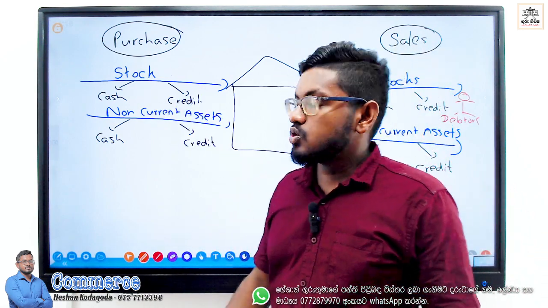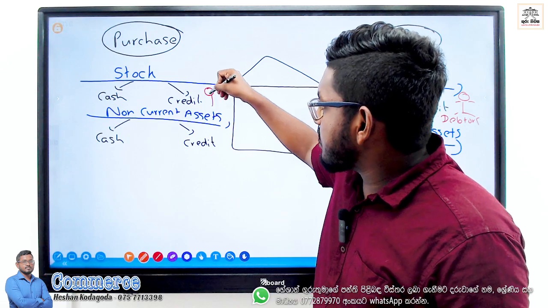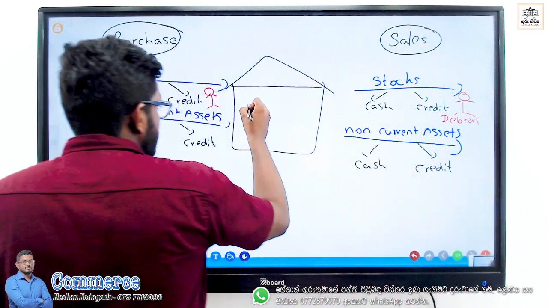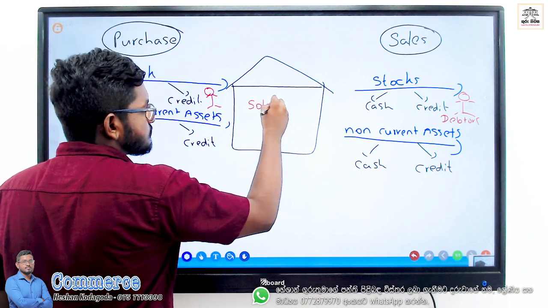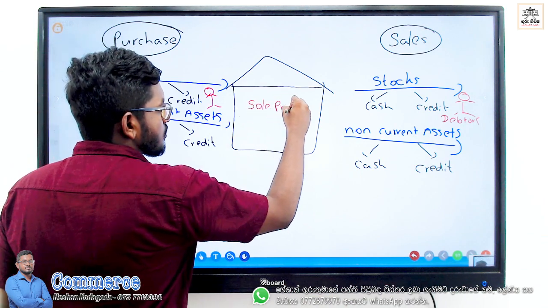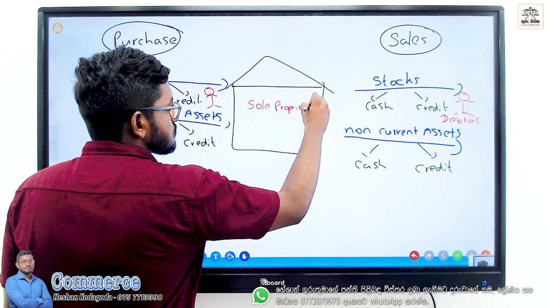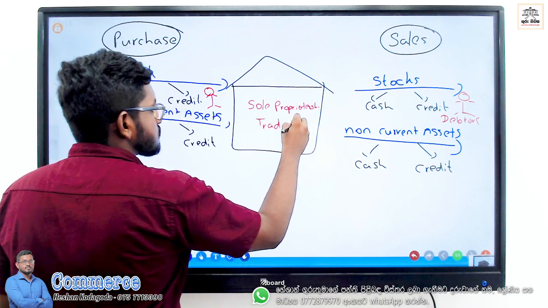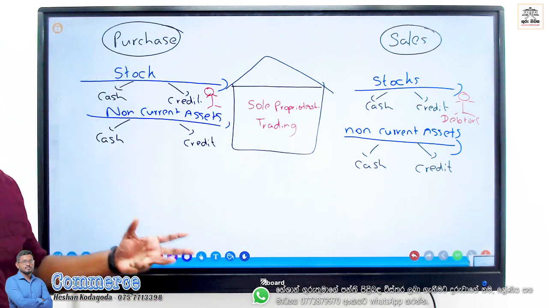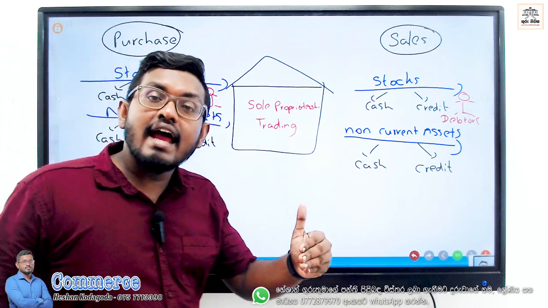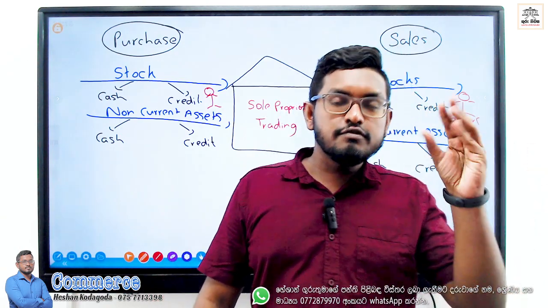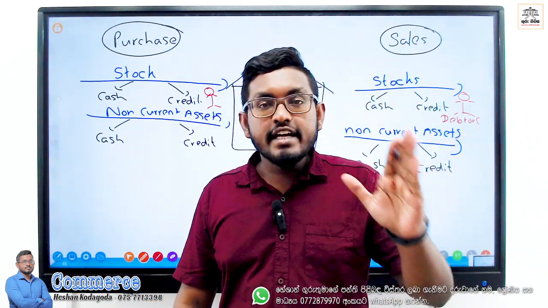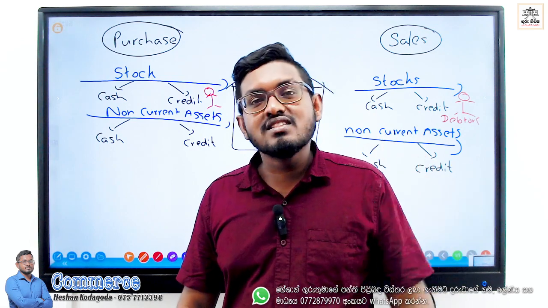Creditors only come under stocks credit, because here we discuss sole proprietorship, a trading business, buying and selling. Clear? But it depends. Non-current assets means land, building, motor vehicle, furniture. Is it clear to you guys? But make sure it depends on the business.